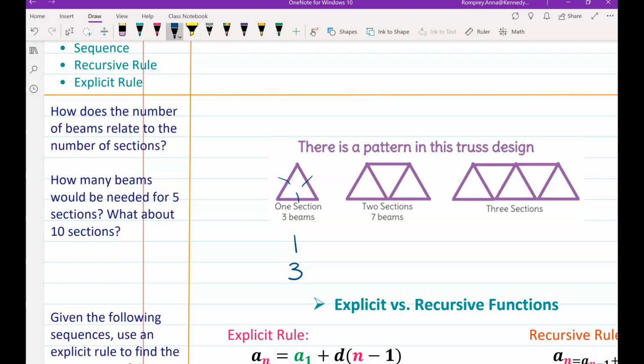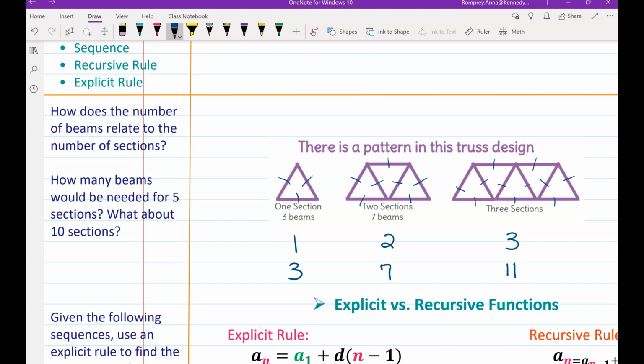And then our next section, so 2 sections, ends up having 1, 2, 3, 4, 5, 6, 7. Sorry, 7 beams. So the next one, so 3 sections of truss, actually has 1, 2, 3, 4, 5, 6, 7, 8, 9, 10, 11 beams to build the 3 sections.